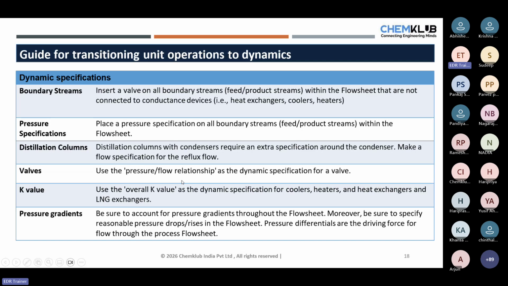Valves use the pressure flow relationship as the dynamic specification, which we have already discussed. The K value is again a resistance equation, and that is very generic for all the other types apart from valves.